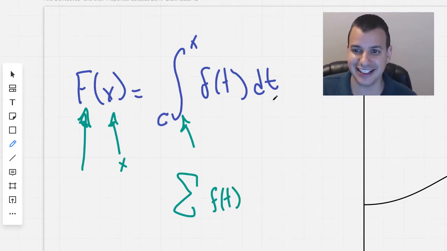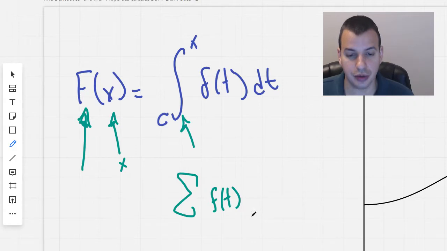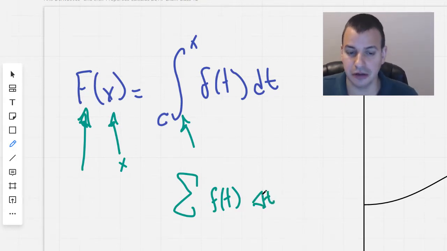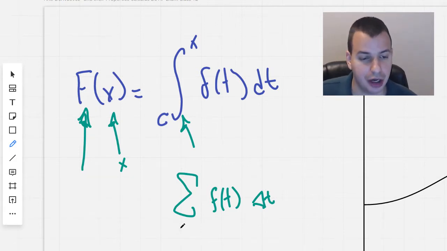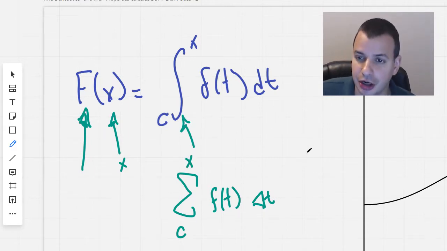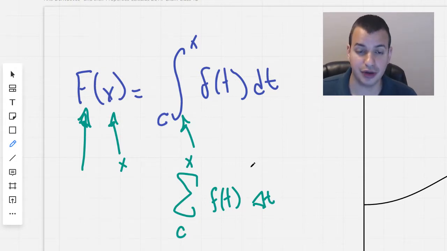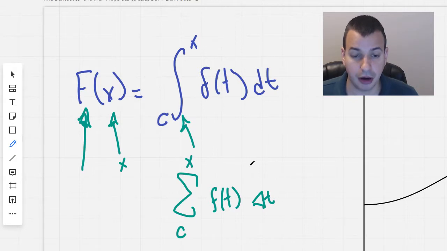And this is dt, which I'm going to rewrite as delta t. This is not infinitesimally small; it's a small finite amount. And then it goes from c to x. This is like earlier when we talked about h with derivatives, and h gets smaller and smaller until it gets to infinitesimally small.